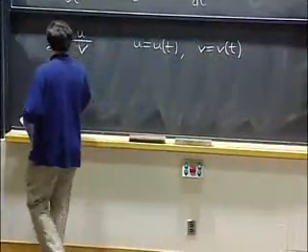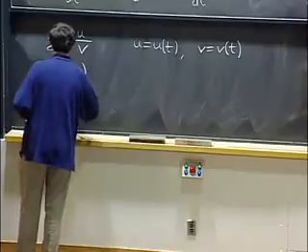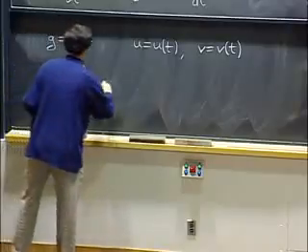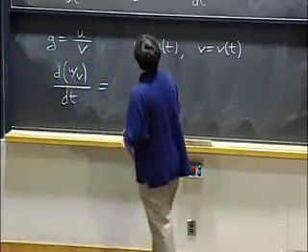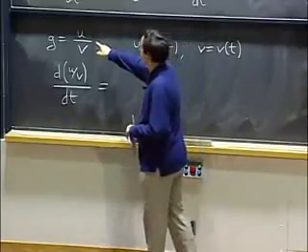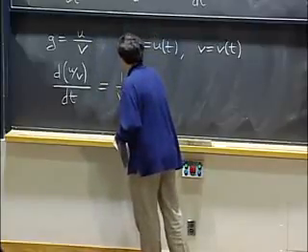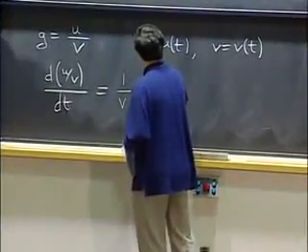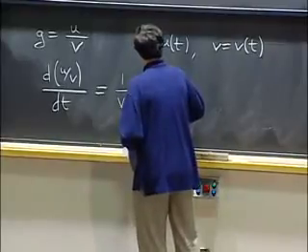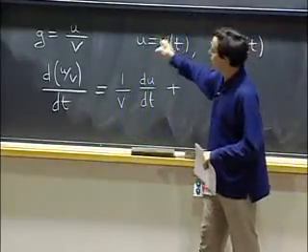Then dg dt is going to be partial g, partial u. How much is that? 1 over v, times du dt, plus partial g over partial v.